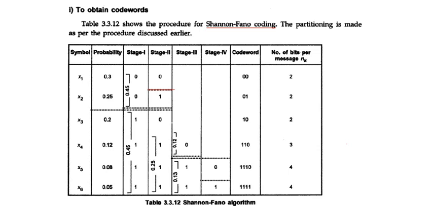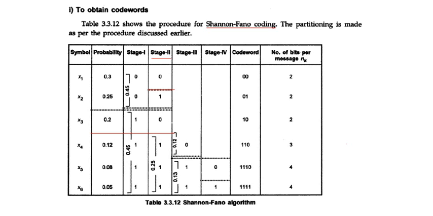If I combine x4, x5 and x6, what is the probability? 0.12, 0.08 and 0.05, so the combined probability will be 0.25, and x3 has a probability 0.2. So 0.2 belongs to one group and these three symbols belong to another group. The 0.2 group is assigned 0 and x4 to x6 symbols are assigned binary 1 in stage 2. Remember, it is in stage 2.